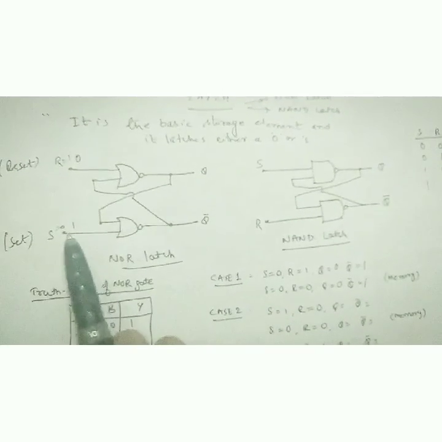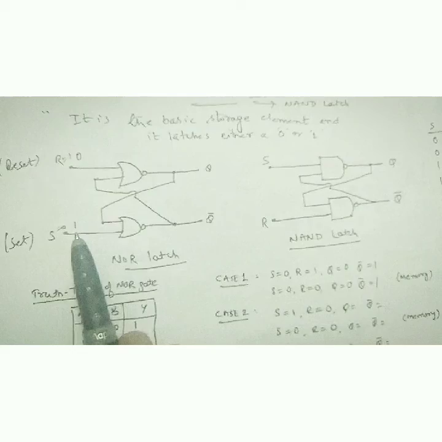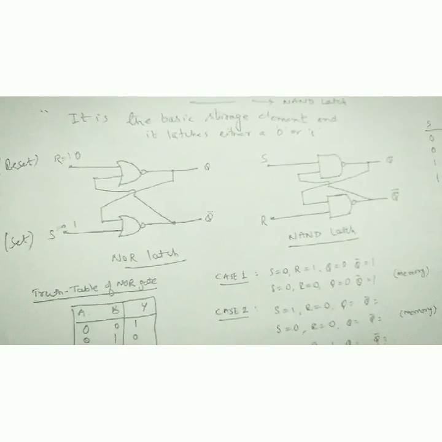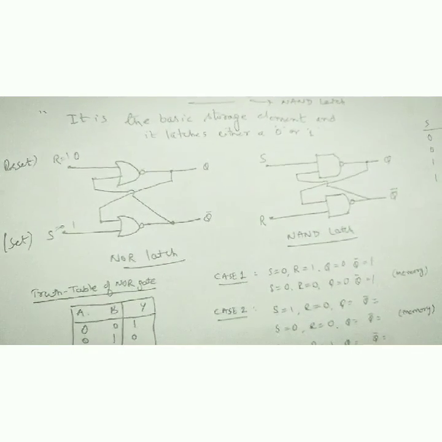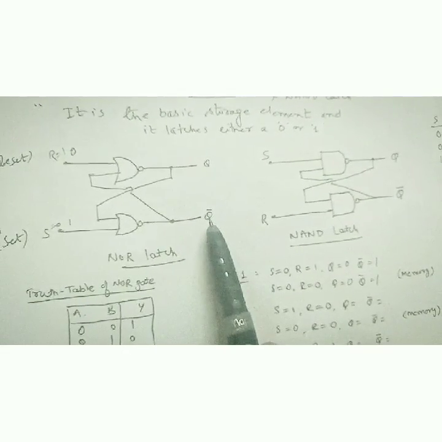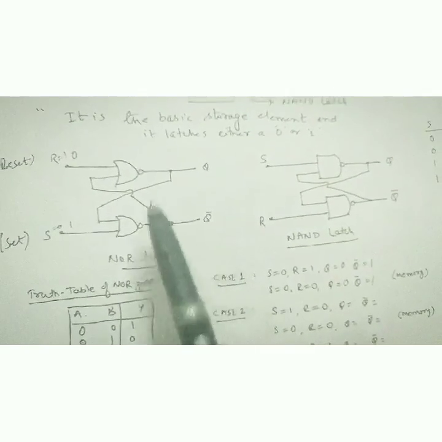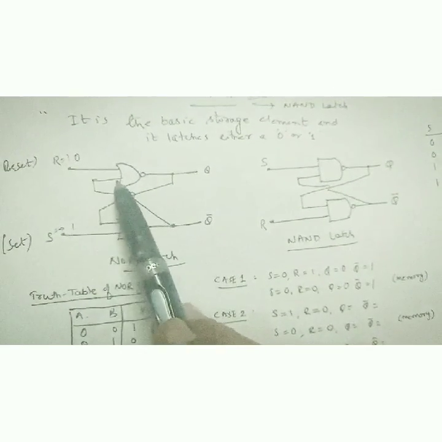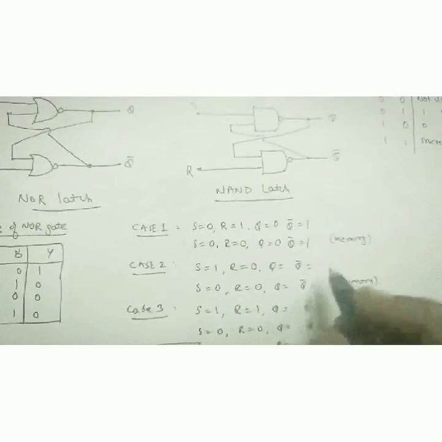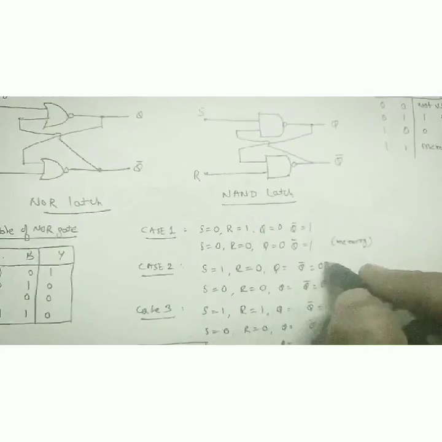Now on the same principle, if any of the inputs is 1, just like over here, the output is going to be 0. So when this is 1, this will cause Q bar to be 0 now. So let us first write here Q bar as 0.